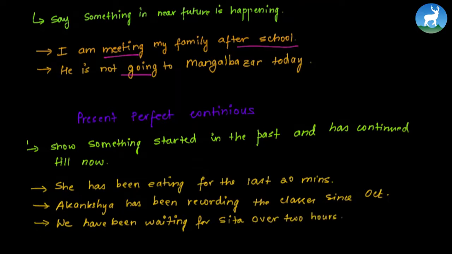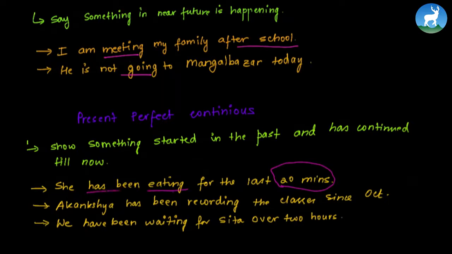So this is present perfect continuous tense, where we use has plus been or have plus been and the ing form of the verb. So she has been eating for the last 20 minutes. The eating work started 20 minutes before, that is, started in the past, and is still continuing because she is eating right now as well.